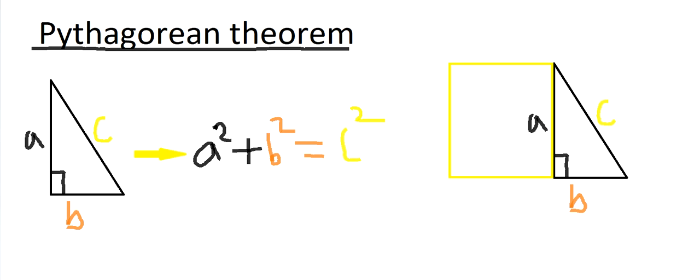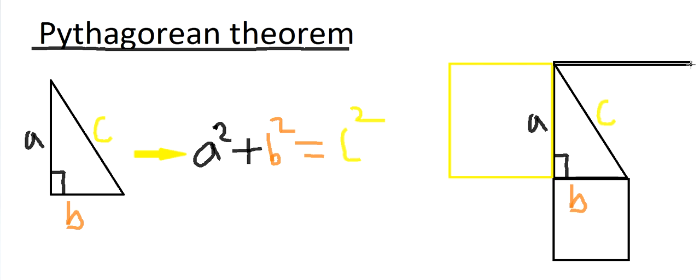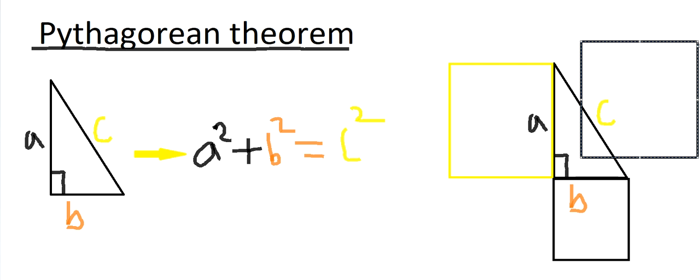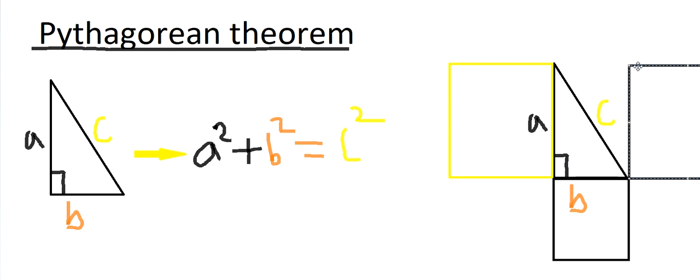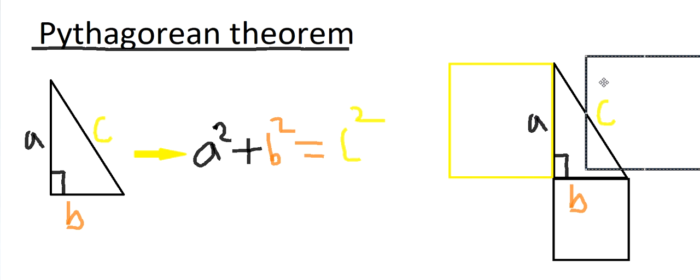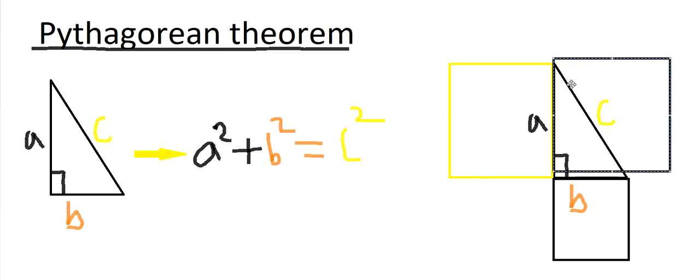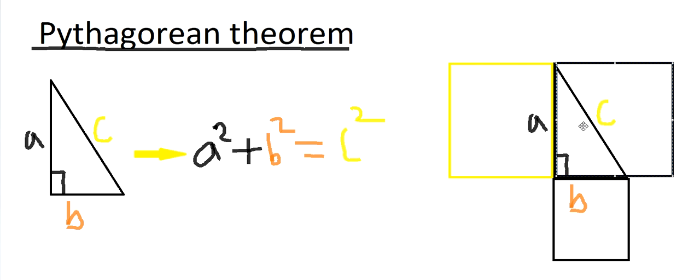If that's your first square, and then you drew another square here, the area of the two squares would be equal to the area of this square, which would be associated with the length C. It would be equal to the area of square C. So the area of that square plus the area of that square is equal to the area of that square.